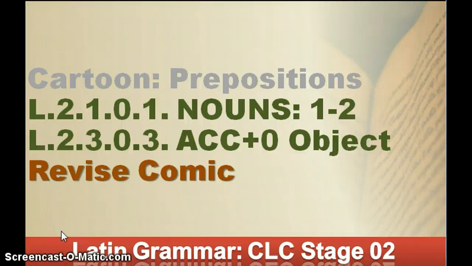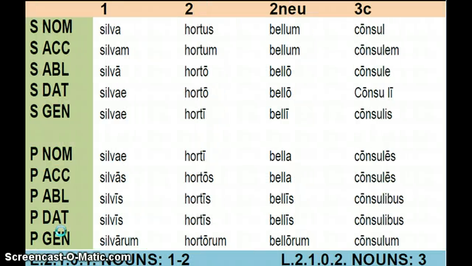But the key for this memorization is, of course, the noun declension. Notice the purpose of chunking is to take these 40 forms and find the similarity.